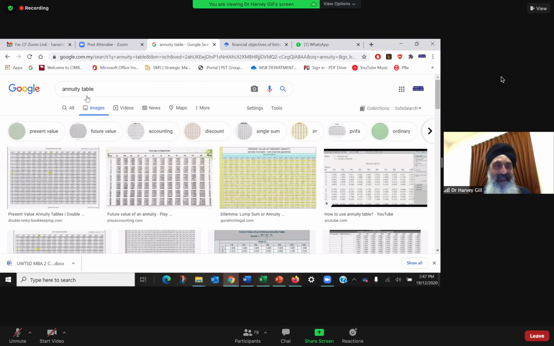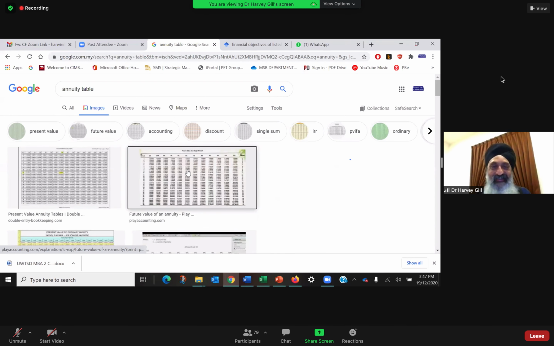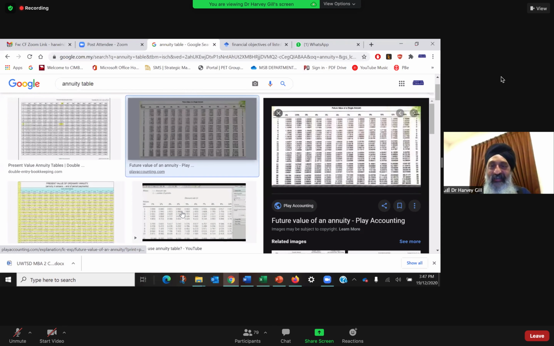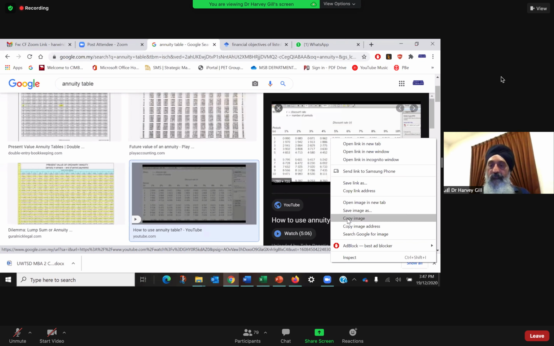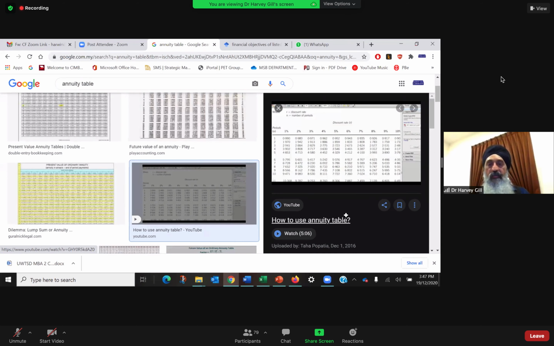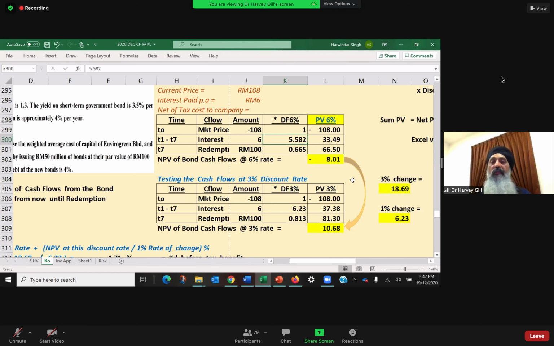So tiny. This is present value table because it's 0.91. Oh, wait a minute now. This is an annuity factor table. Okay, so this annuity factor table, copy, just to give you an illustration.